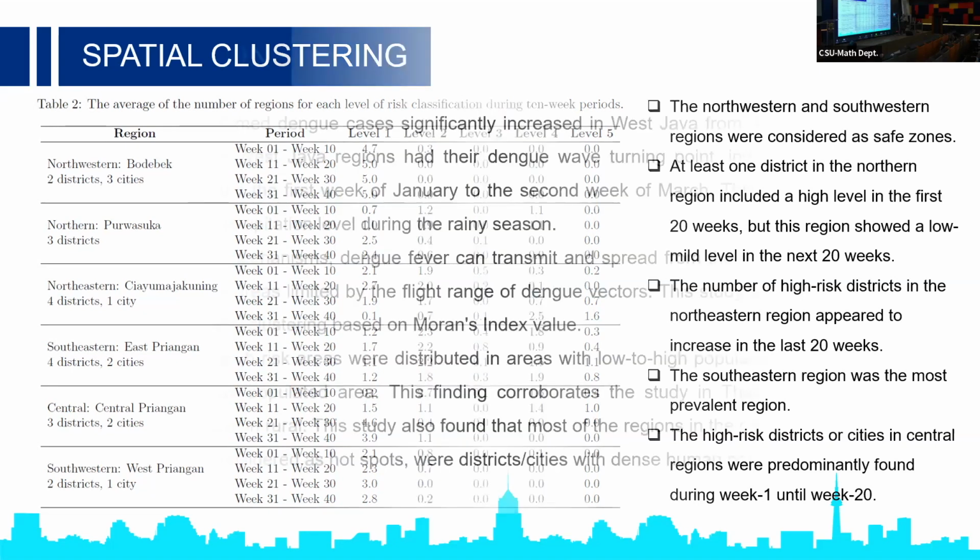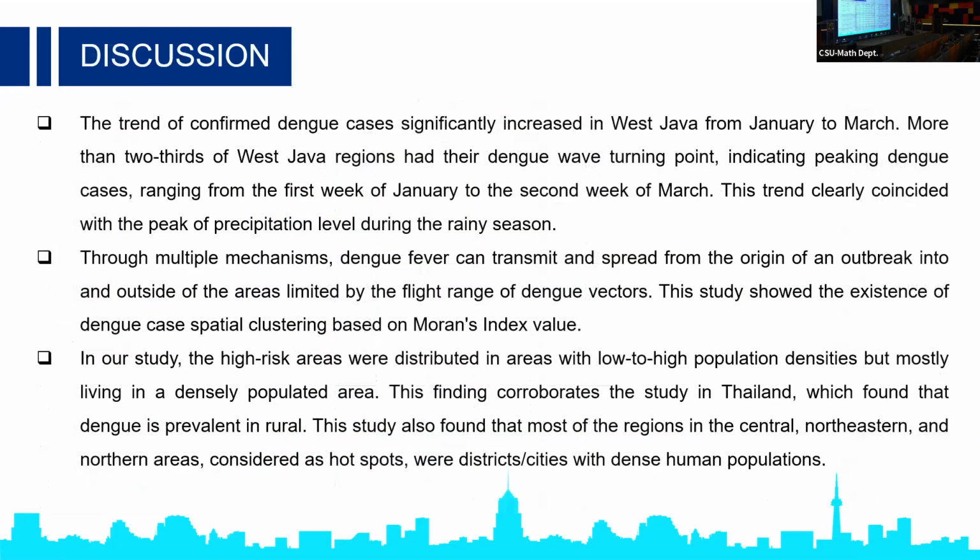And that's all. We use easy tools, only using regression for the temporal situation, and then the Moran index for the spatial situation, so we can give some information to the local government or health department.